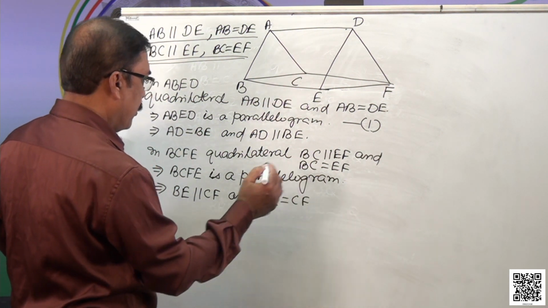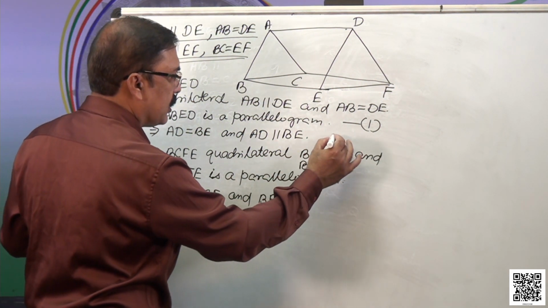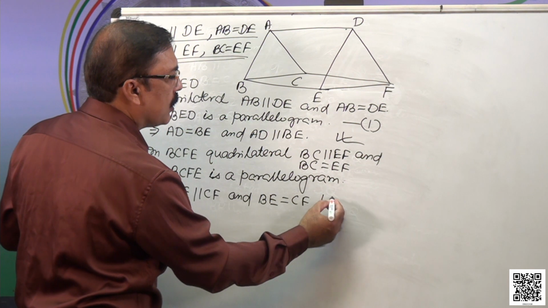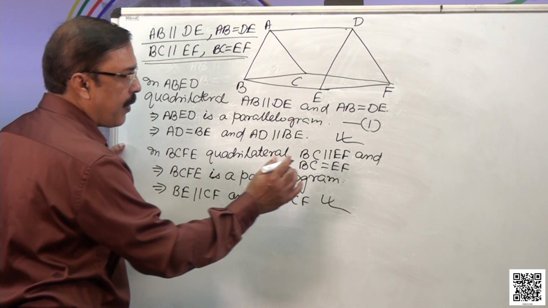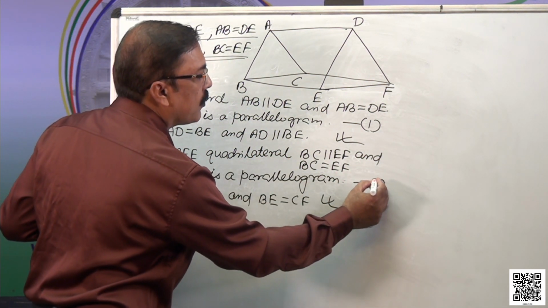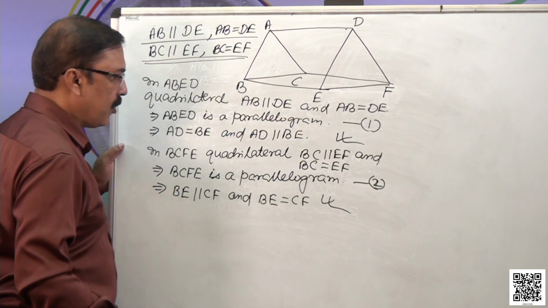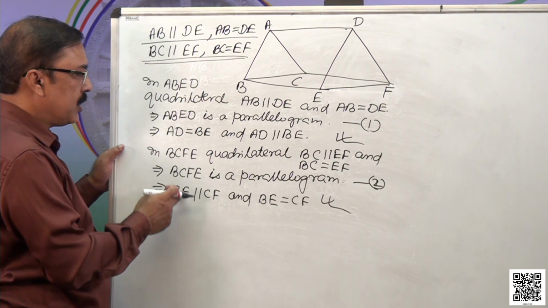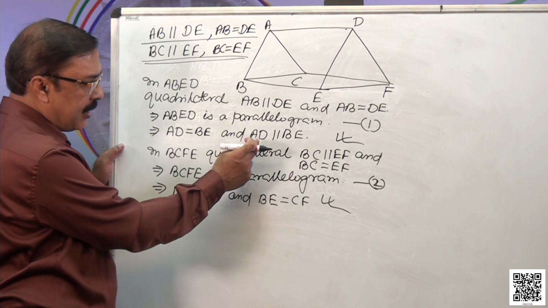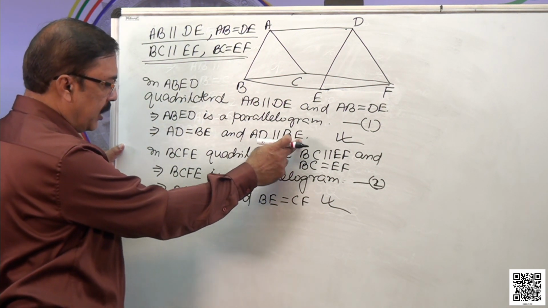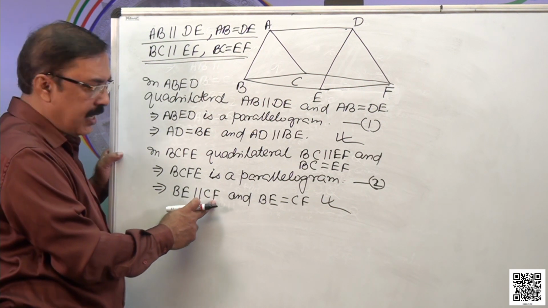Now you see, one condition is here and another condition is here. The second part of the proof is proved here, that BCFE is a parallelogram. Now from these two conditions, we can say that AD is parallel to BE and BE is parallel to CF.